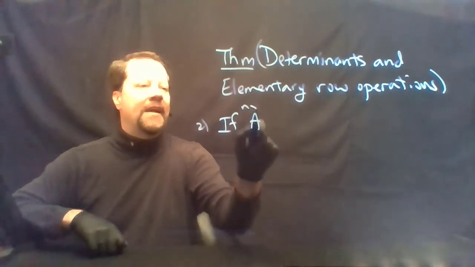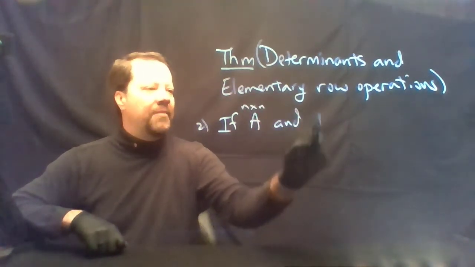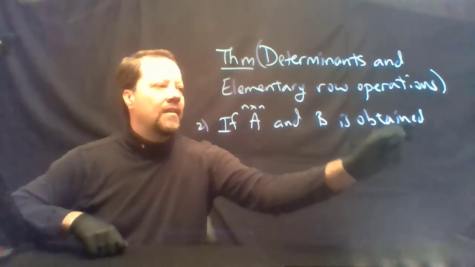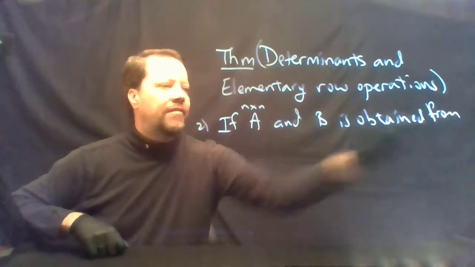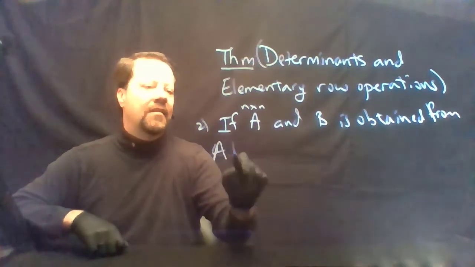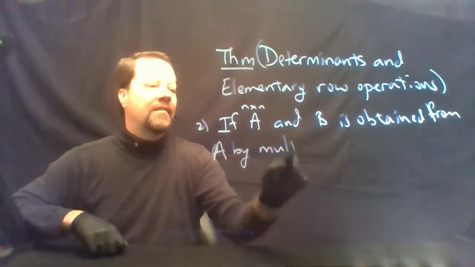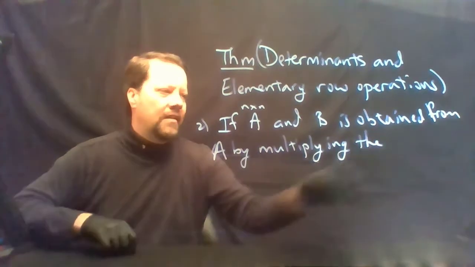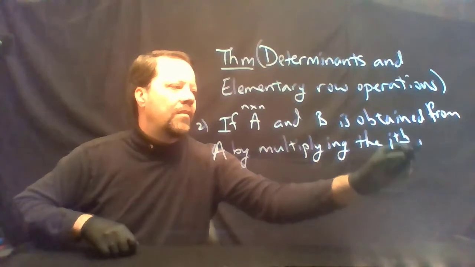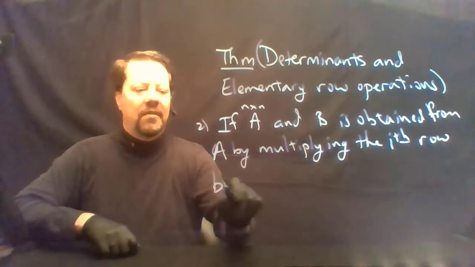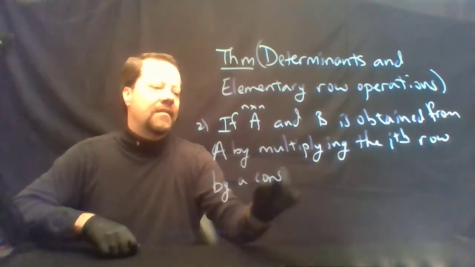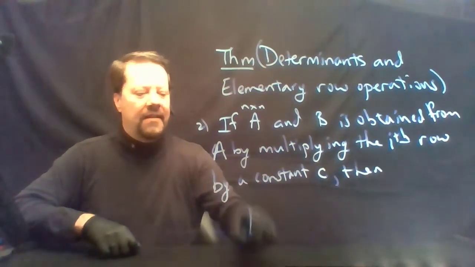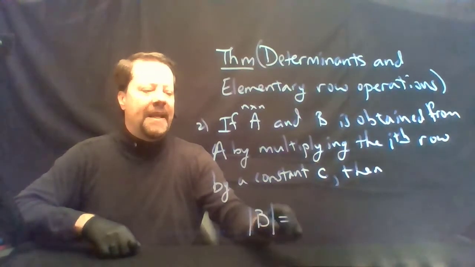If A is n by n, and B is obtained from A by multiplying the ith row by a constant C, then what is the determinant of B?